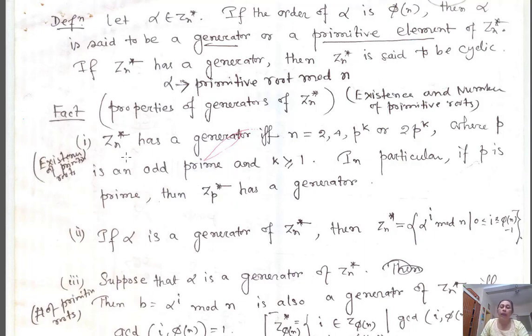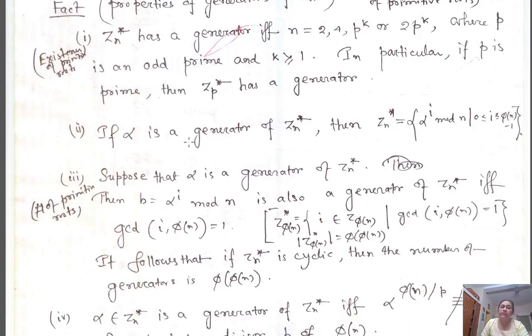And the second property: alpha is a generator means every element of this group can be written as alpha to the power I modulo n. How many elements does it have? I ranges from 0 to phi n minus 1, so it has phi n elements.